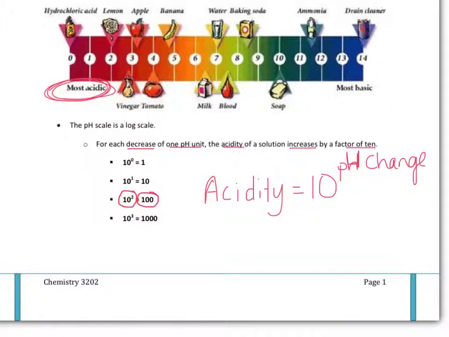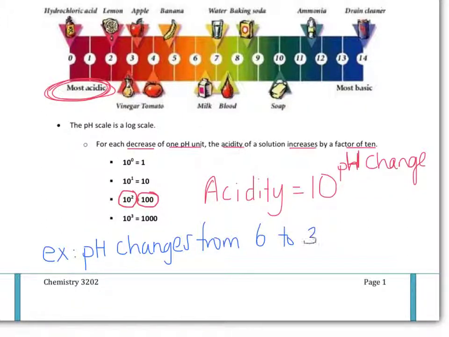Put in a capital H there. For instance, if we have an example and the pH changes from, let's say, 6 to 3, then we can very quickly find the change in the concentration of H3O positive.